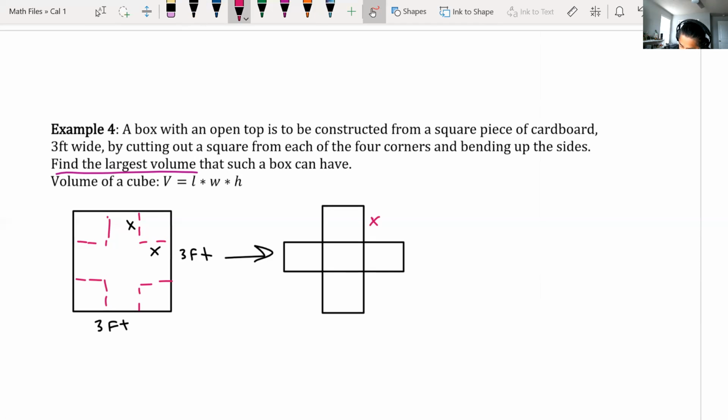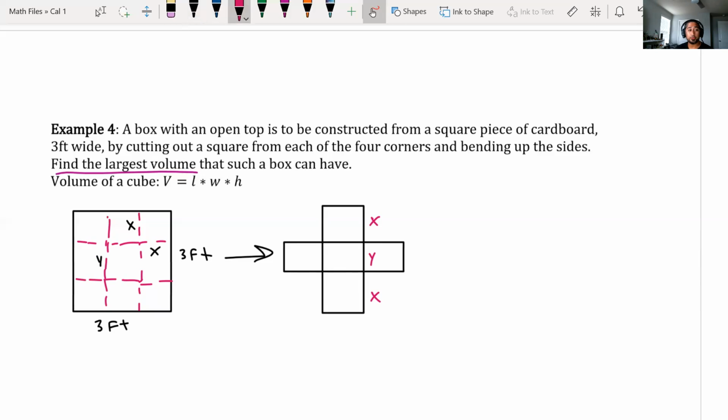So all of those are X. And then since we cut those corners out, we also have one other piece, which is the base of this box, which let's label Y. So the base of this box will be Y. Okay.